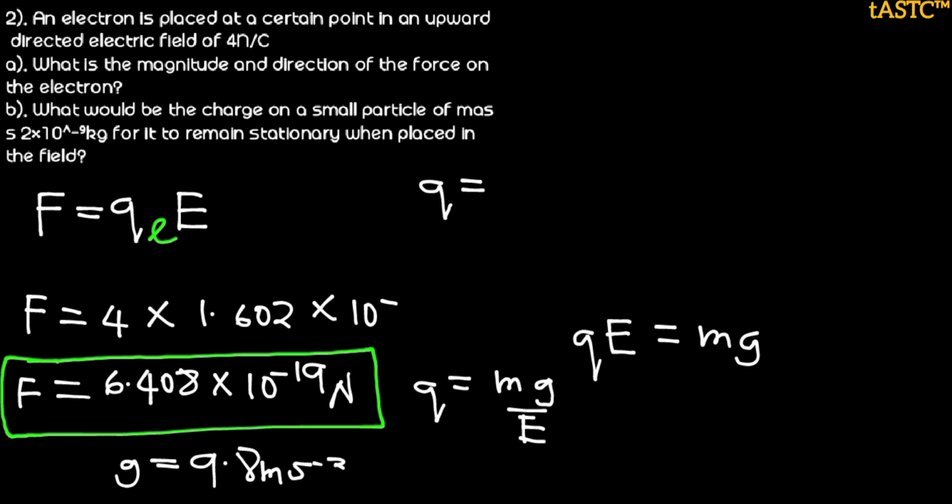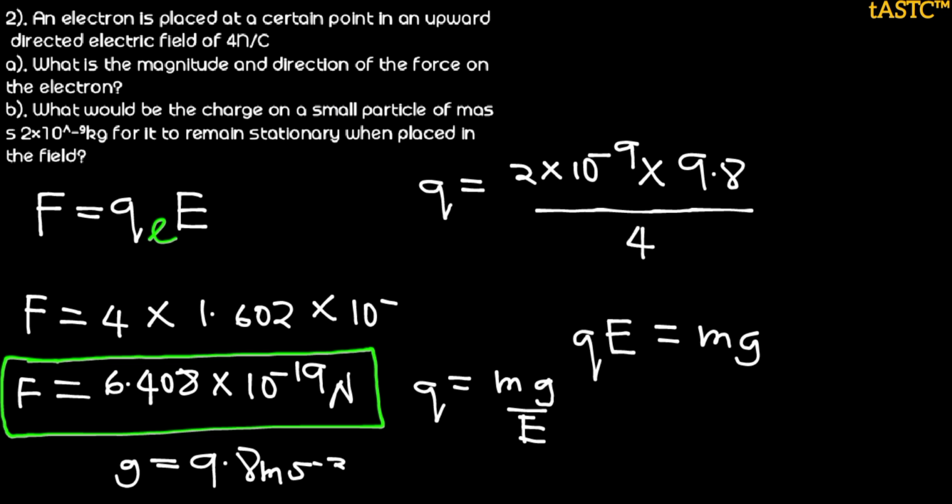So Q is going to be, we were given the mass as 2 multiplied by 10 to the power of negative 9. We got the acceleration due to gravity, that is 9.8. This will be divided by E. E in this case was given to us as 4.